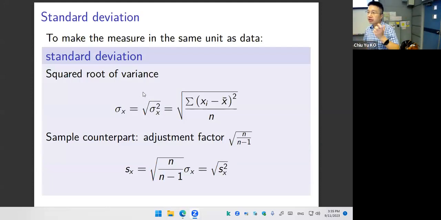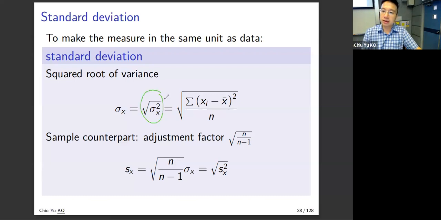If you take variance, it's squared, so in terms of unit, cm becomes cm square, inch becomes inch square, meter becomes meter square, dollar becomes dollar square. So it's not easy to interpret what you mean by square. That's why we always take the square root. That means the same unit.